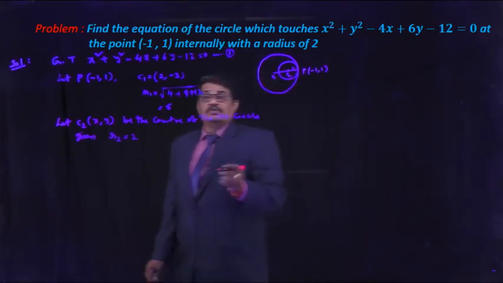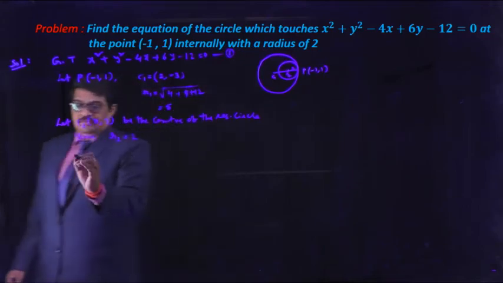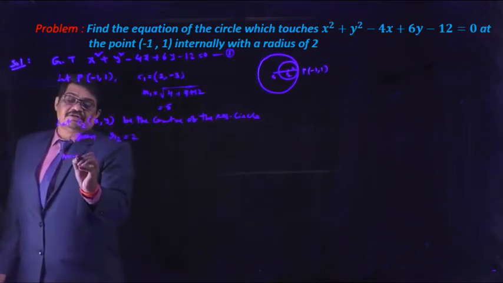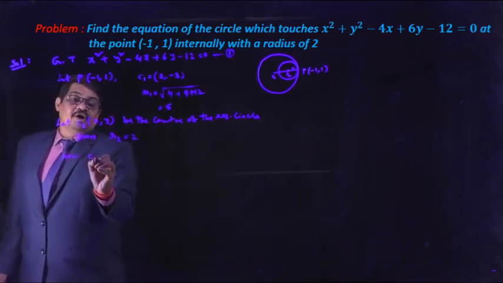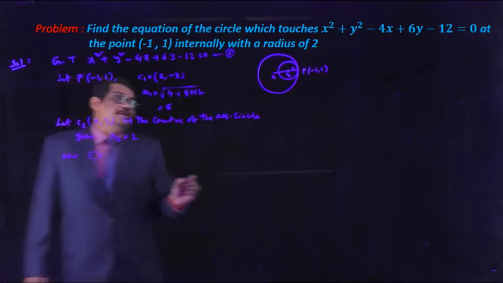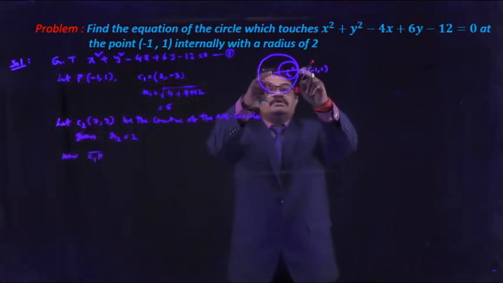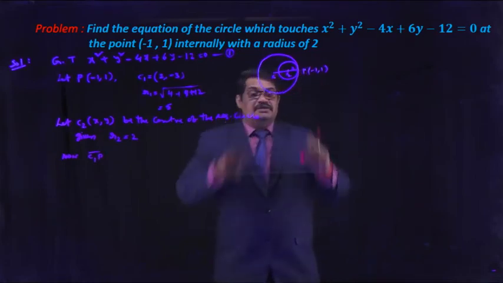Okay, now we are calculating C1P. Now we have to find the distance between C1 and P. This is the distance from C1 to P.